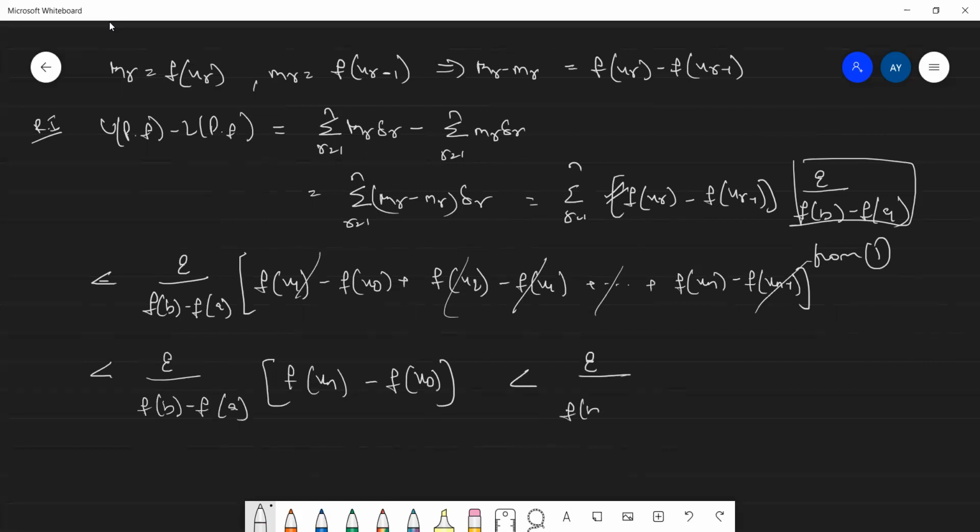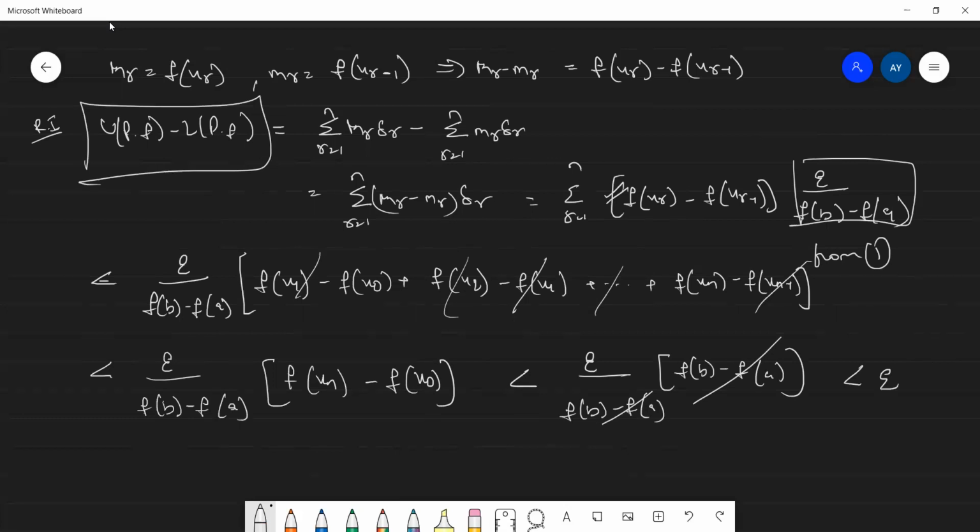Epsilon by f of b minus f of a into f of b minus f of a. So this f of b minus f of a gets cancelled. So this is strictly less than epsilon. So whenever U(P,f) minus L(P,f) is strictly less than epsilon, we can conclude that f belongs to R over [a, b]. I think I'm clear till here.